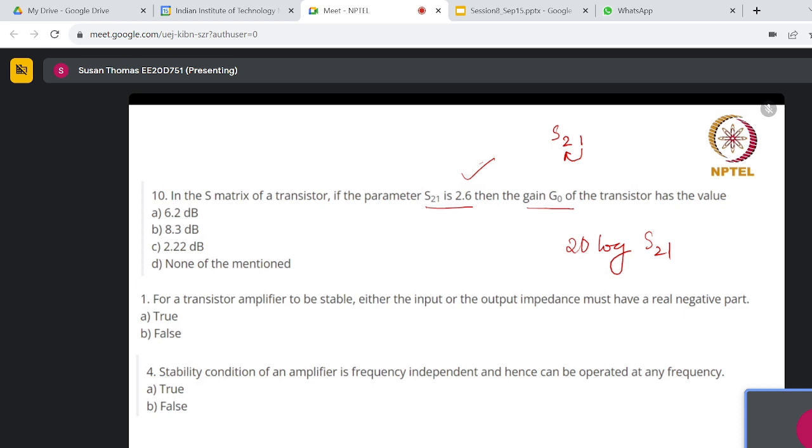Okay, fine. So let's move to the next question. It's about the stability. Now we have a few questions on stability of a transistor amplifier.